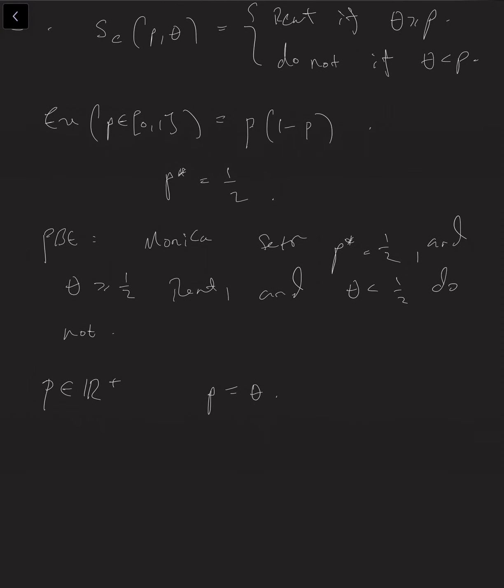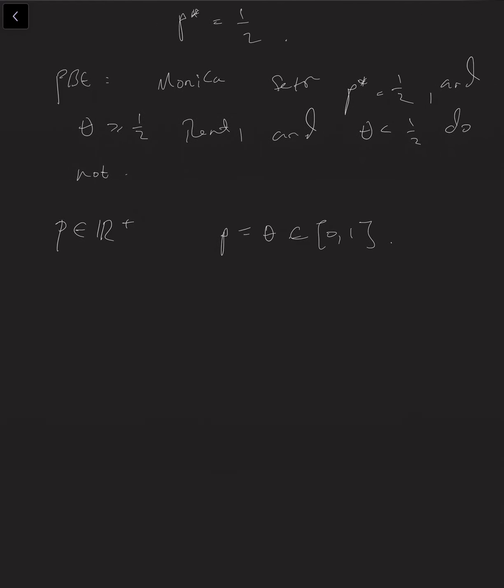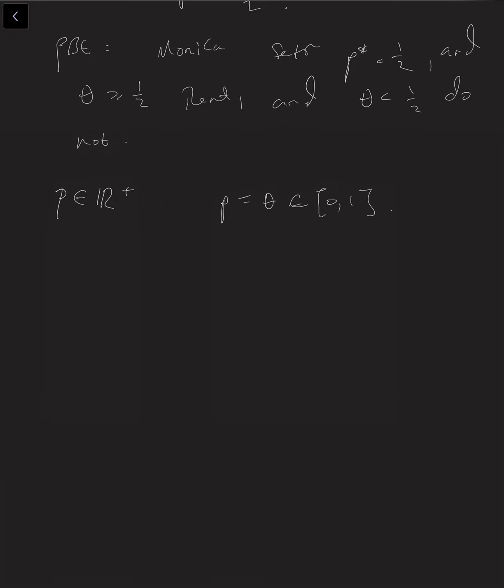Now, of course, theta is in [0, 1], so she's not going to offer anything outside of this range. The domain of P will be restricted from all positive real numbers to [0, 1], and we would have the same problem: Monica would look to maximize over P in [0, 1].